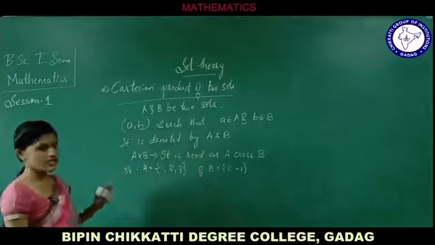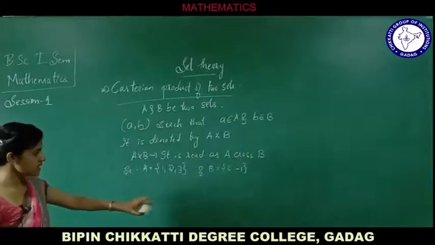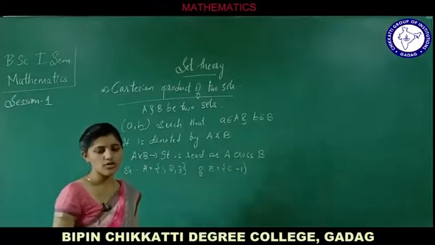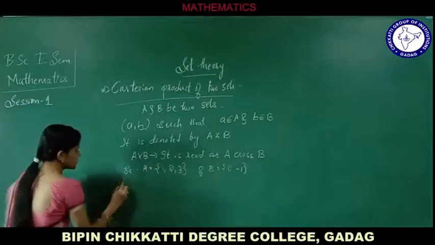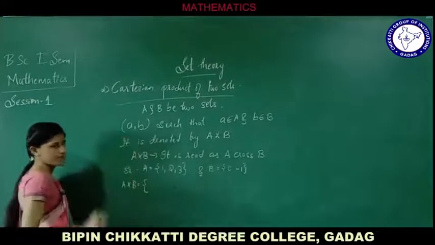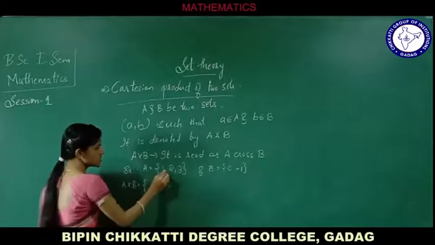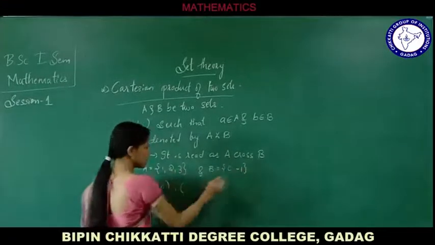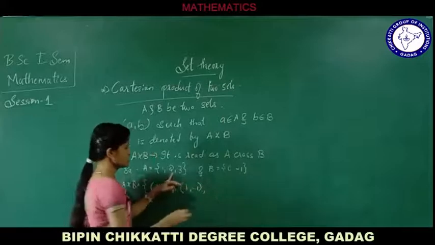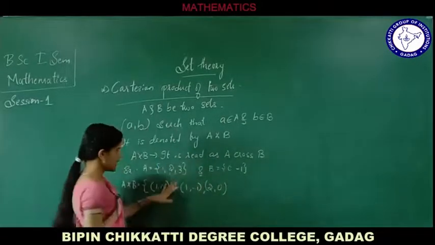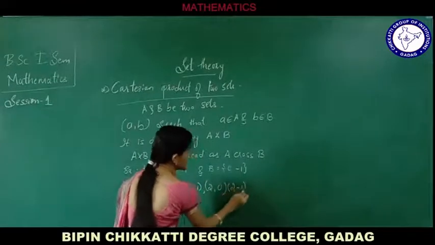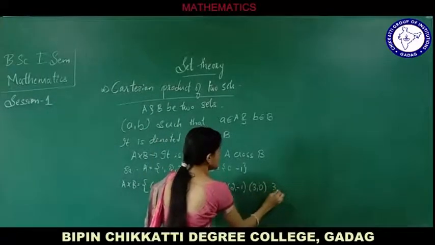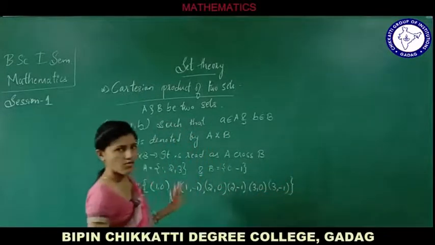For the Cartesian product, we should have an ordered pair in such a way that the first element belongs to set A and the second element belongs to set B. Then A cross B is written as: (1, 0), (1, minus 1), (2, 0), (2, minus 1), (3, 0), and the last one is (3, minus 1). This is how we have got A cross B.